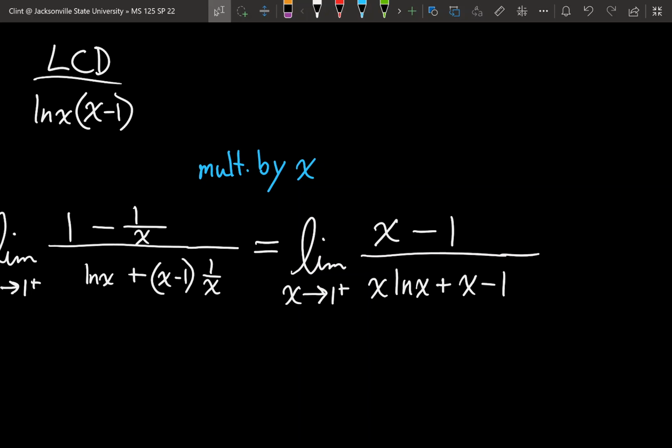Now let's see. What situation are we in now? Try to do direct substitution.